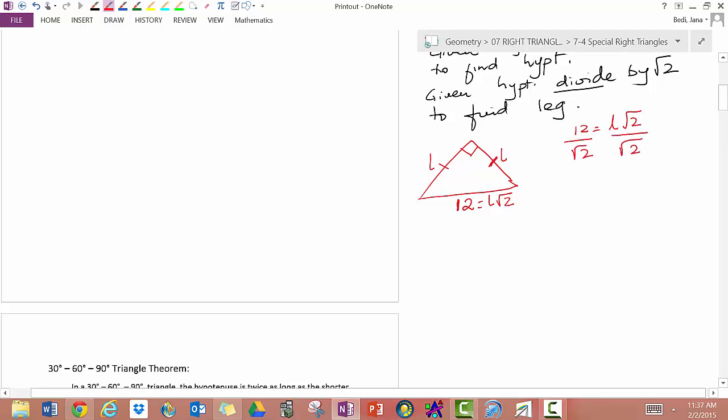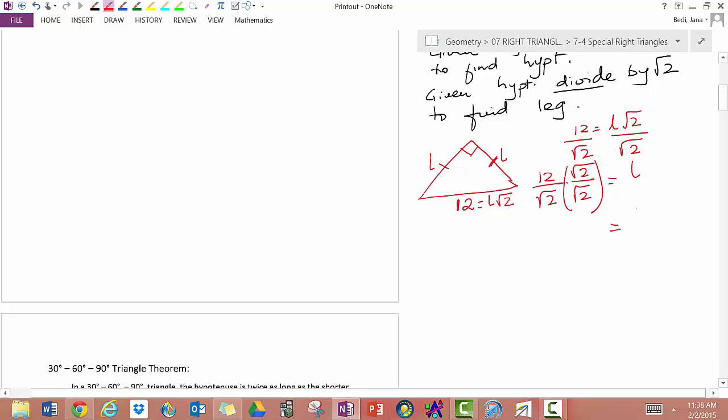You may not leave a radical in the denominator. It's just bad math etiquette. The way to get rid of it is this: you multiply root 2 by root 2 in the denominator, and therefore you have to do it in the numerator too. If instead of root 2 you had root 3, you would multiply by root 3 over root 3. That is only to get rid of the radical in the denominator.